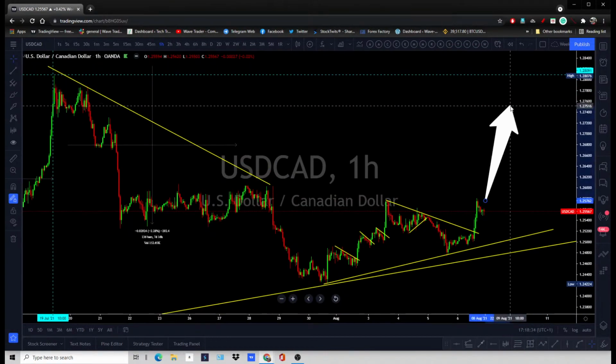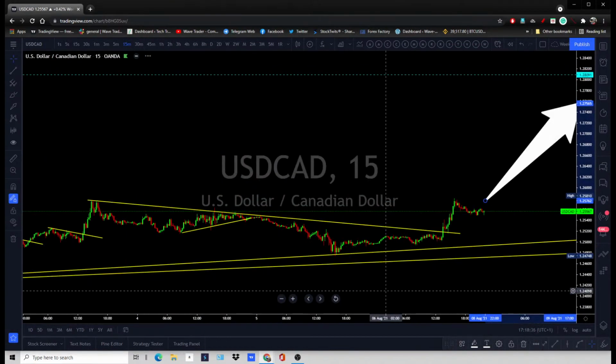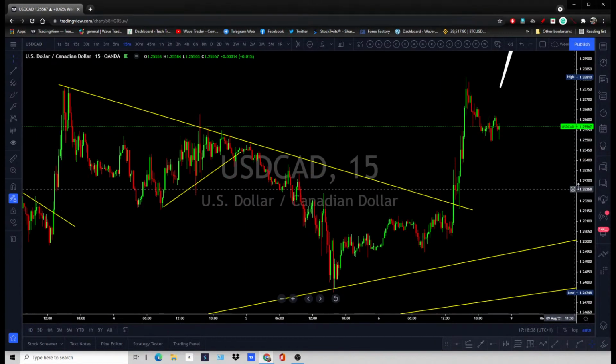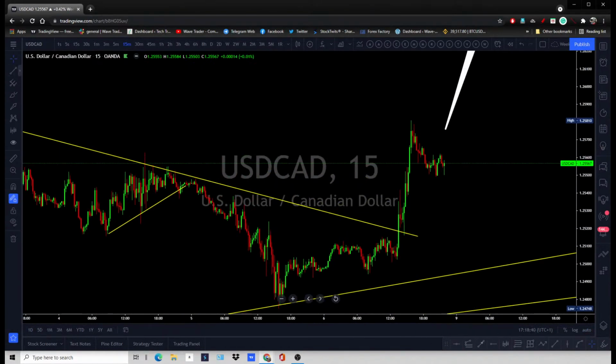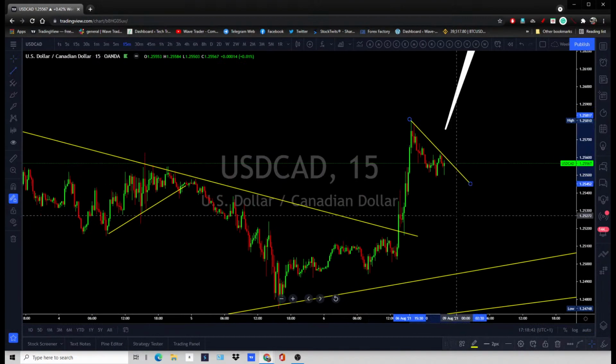If I look at the 15-minute time frame, we can see that the CAD, after having the bad data, is still strong against the dollar. To make it more simple, we can say that the dollar got strength last week after non-farm payrolls, but hasn't got strength across the market.